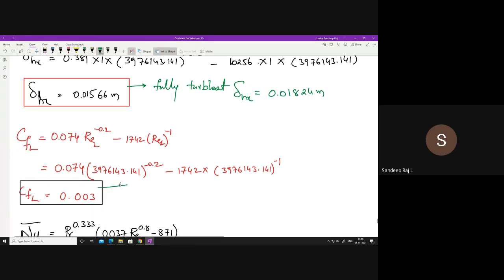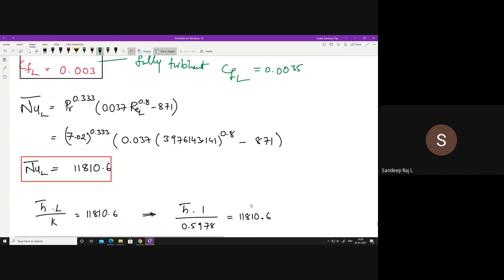Likewise, you tell me for fully turbulent CF. 0.0035. Even this friction coefficient is a bit higher in the fully turbulent case. Coming to the Nusselt number average, Nu bar.